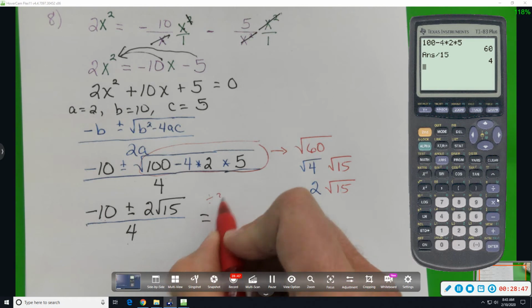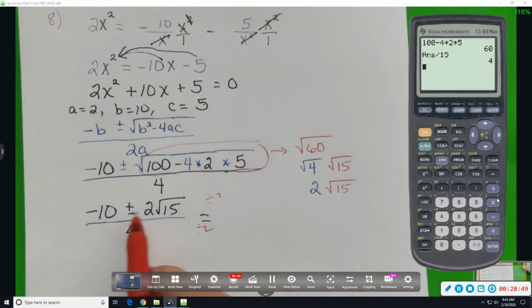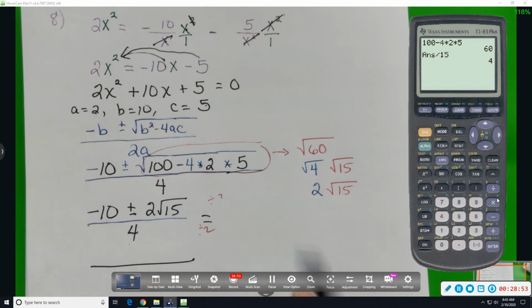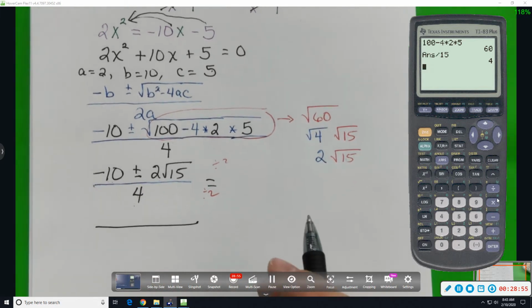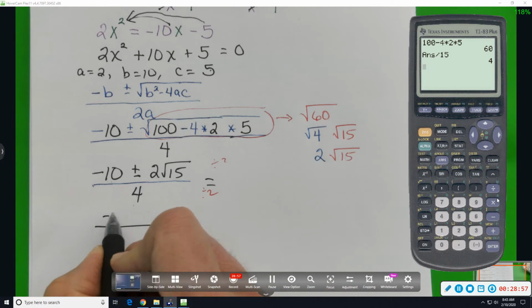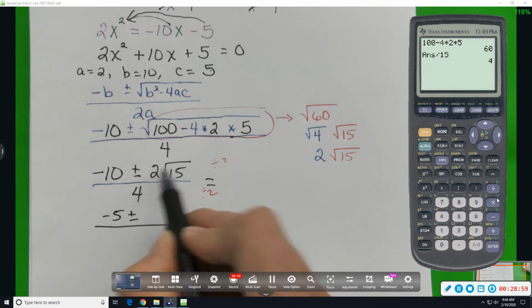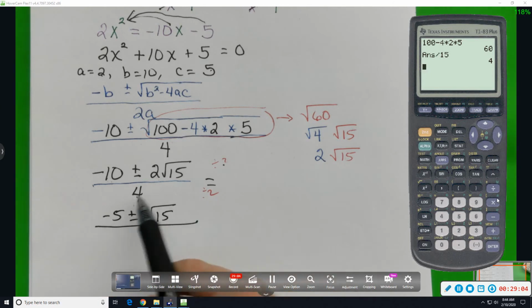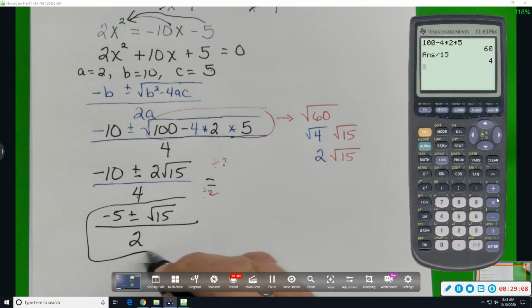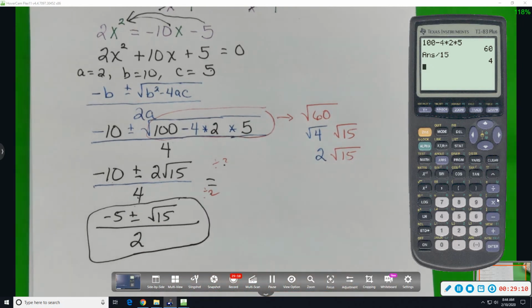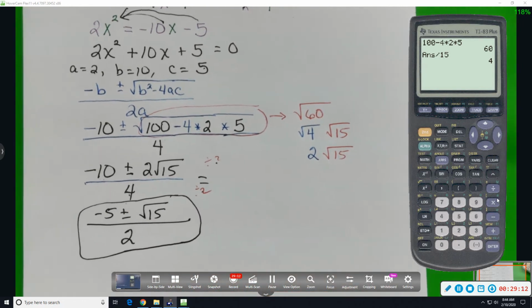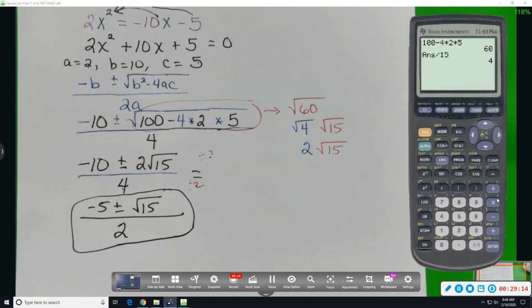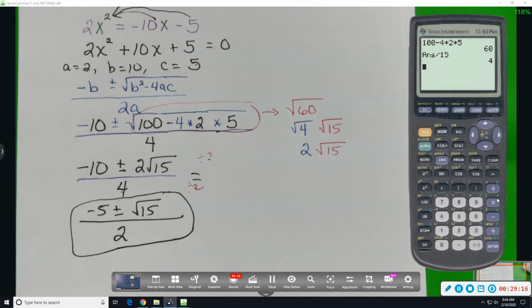So just go straight through dividing each of these numbers by 2. Negative 10 over 2 is negative 5. 2 over 2 cancels, just leaving the square root of 15. 4 over 2 is 2. So we have negative 5 plus or minus square root of 15 all over 2.